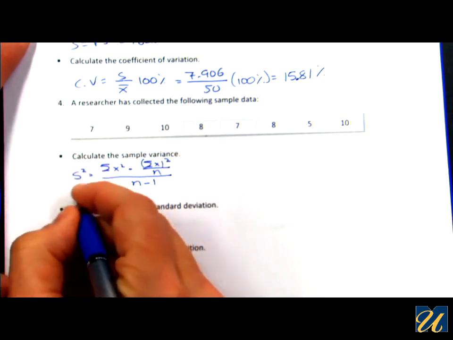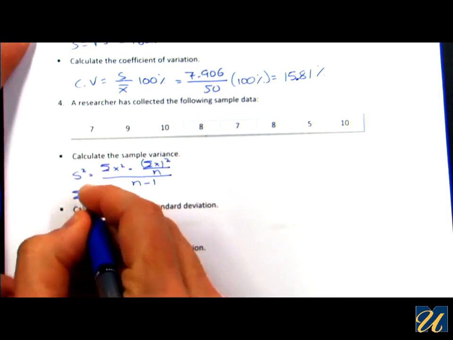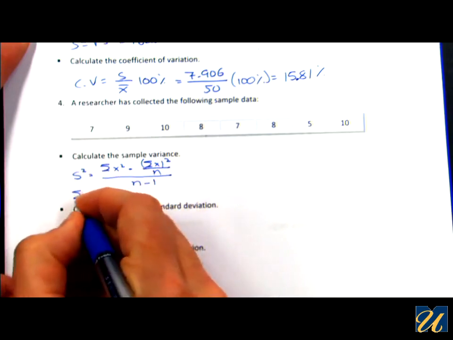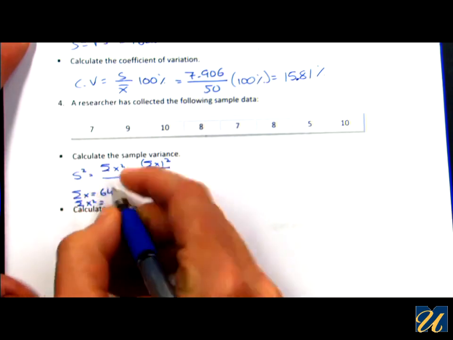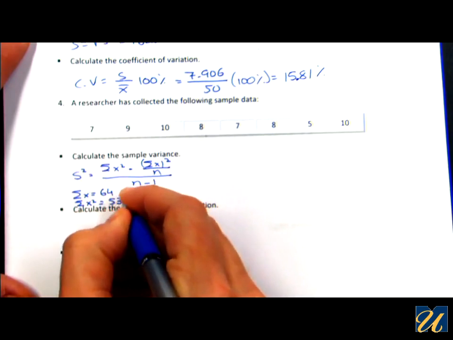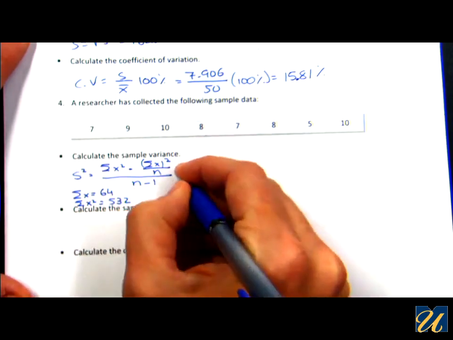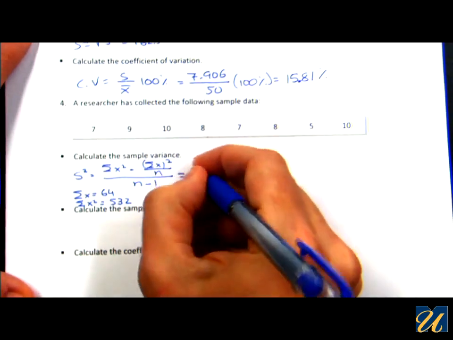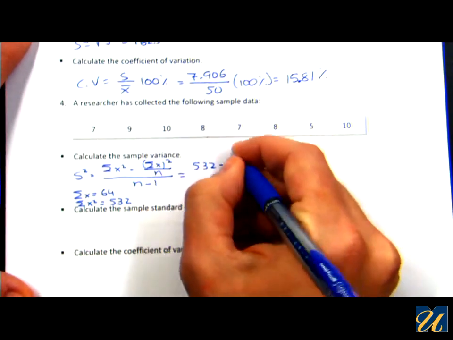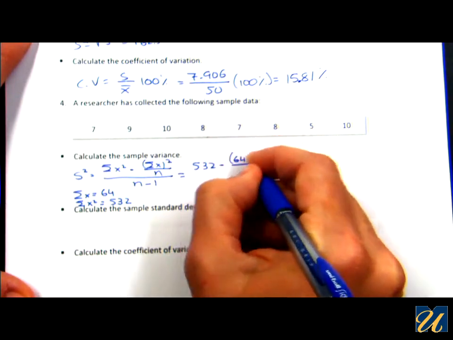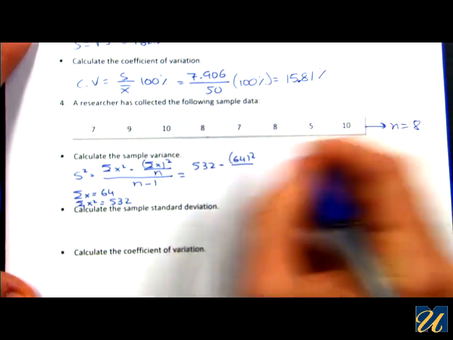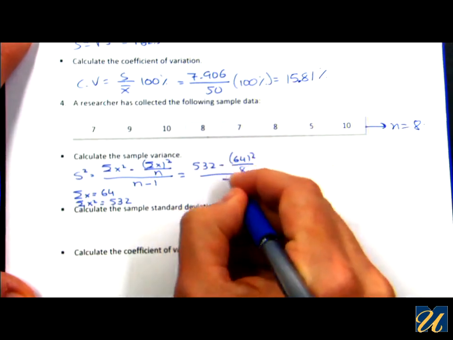The sum of all the entries is equal to 64, and the sum of the squared entries is equal to 532. So you plug in the information in your formula. 532 minus 64 squared over n, which is equal to 8, and all of that over 7.